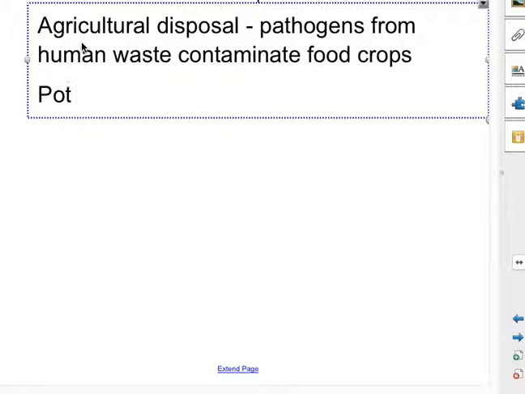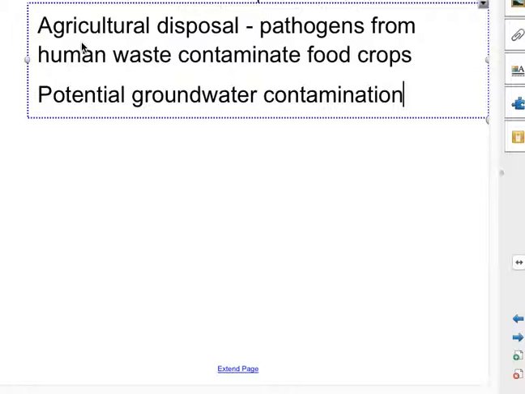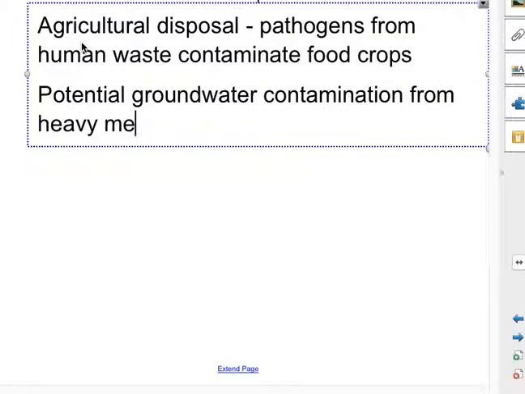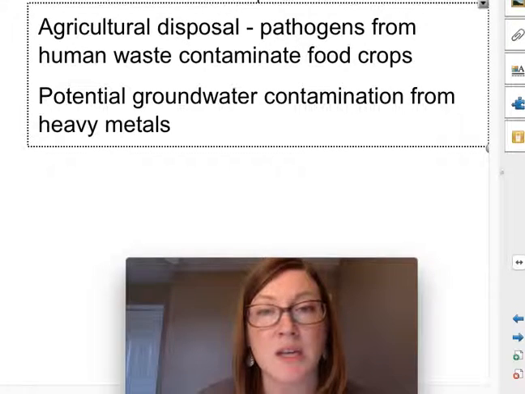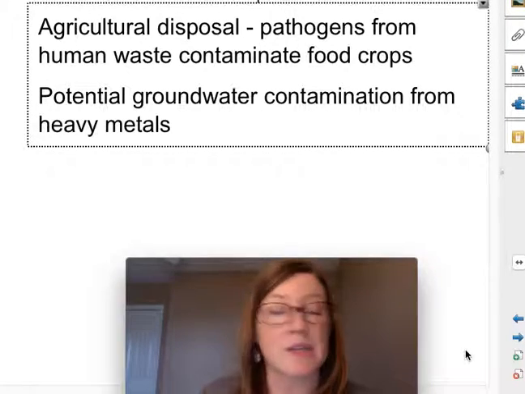There's also potential groundwater contamination from heavy metals. And that's one of the reasons that in many states they don't allow the material from wastewater treatment plants to be used on agricultural lands, because if that material is coming from a university or something of that nature, we just can't guarantee that it doesn't have heavy metals in it. So that's an issue.